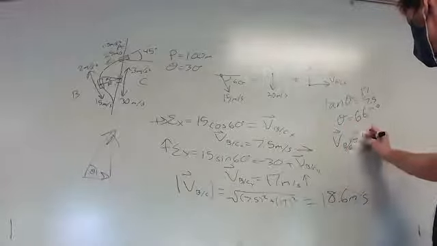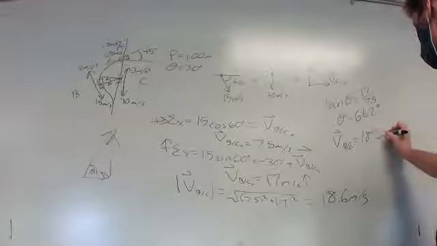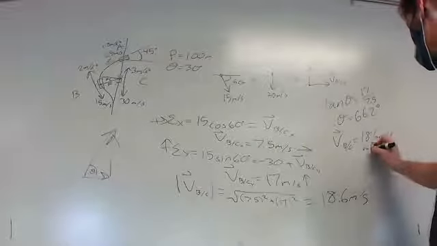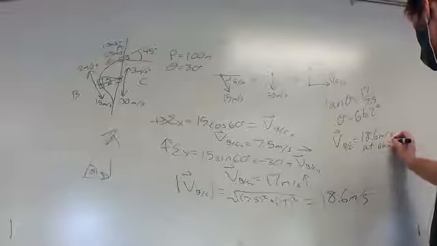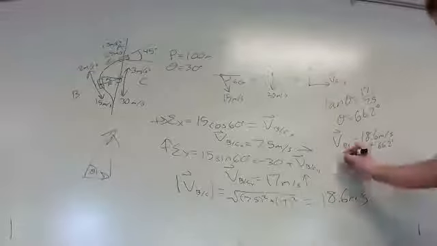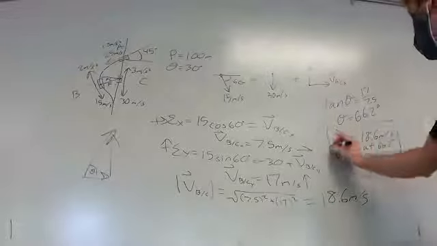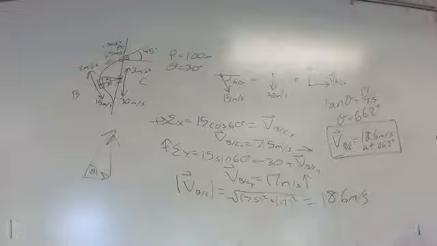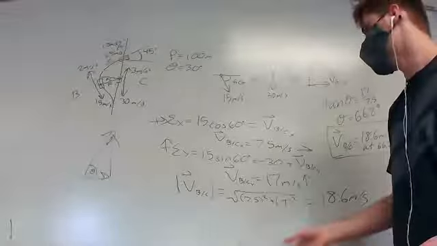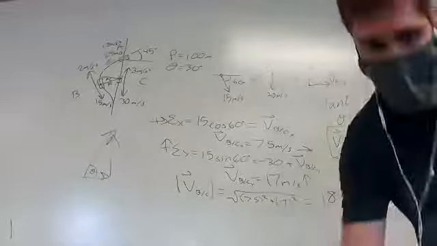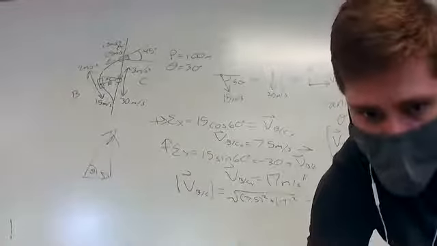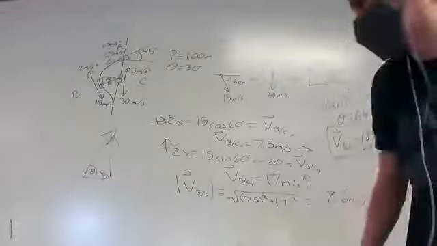So your answer for the velocity of B relative to C is equal to 18.6 meters per second at 66.2 degrees.